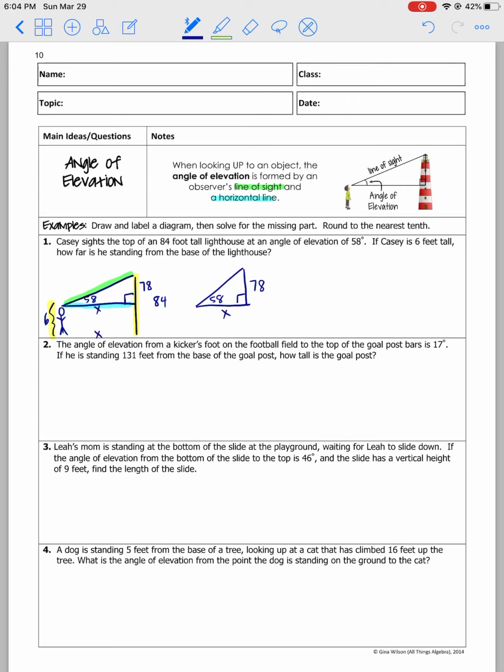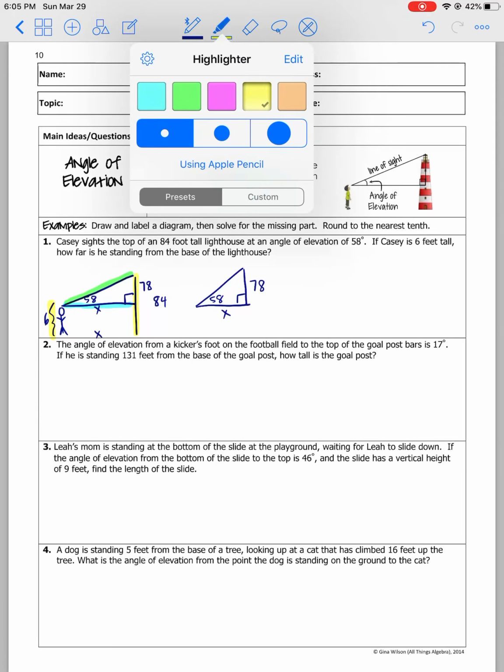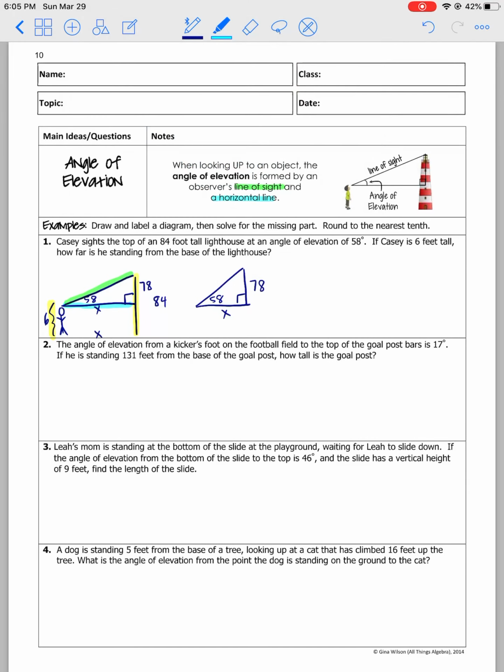Now we just have a normal trig problem where we're solving for a missing side. So I'll do this one with you, even though you should know what to do at this point. You're highlighting the angle that's relevant, you're highlighting the sides that are relevant, and identifying what their relationship is. So x is adjacent to 58, 78 is opposite.